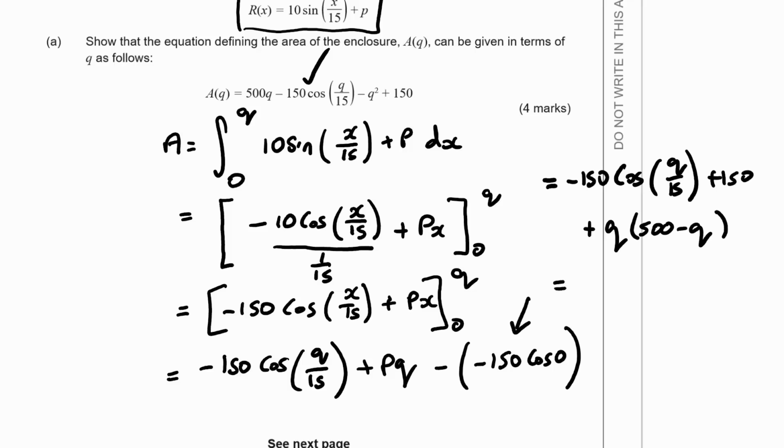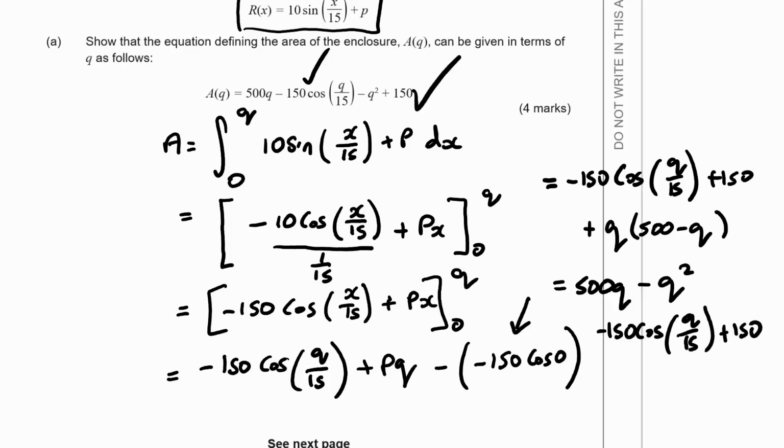So when I expand that out, that's the 500q. I get the minus q squared. I've got the minus 150 cos q over 15 and the plus 150. And that's everything that's required there.